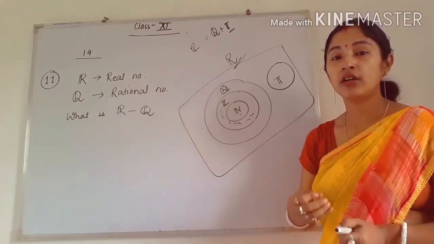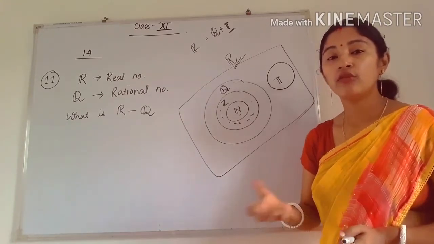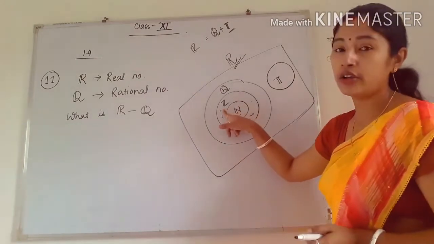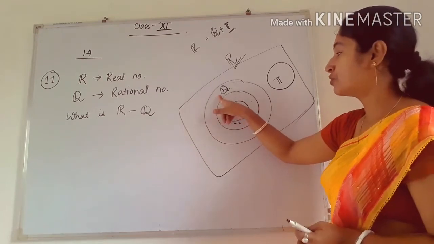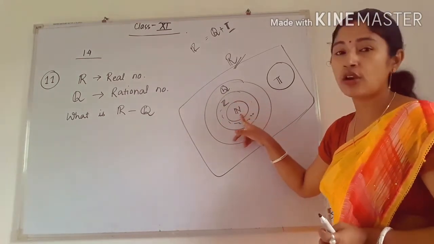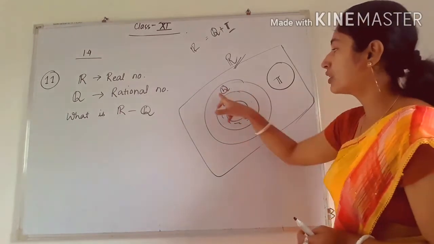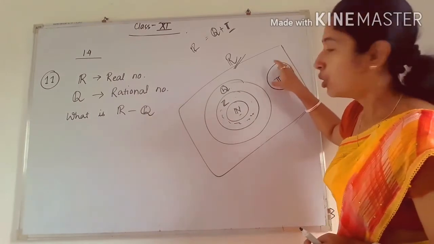Because rational numbers include 2, minus 3, minus 4, which are inside Z only, and it contains 2, 3, 5 like that also, which are inside the natural numbers. So here the highest one is the rational numbers, and this one is the irrational numbers.